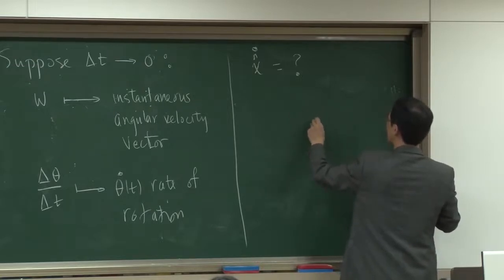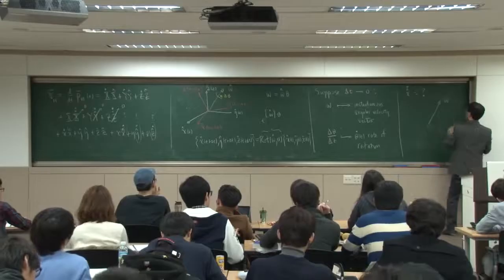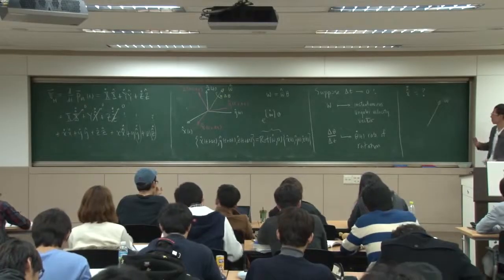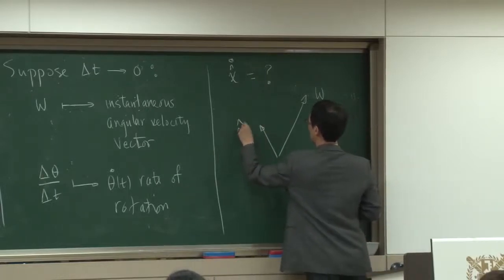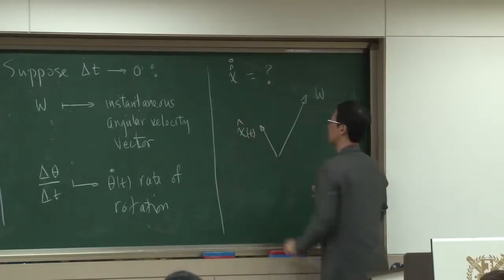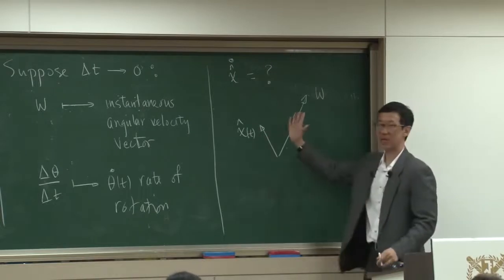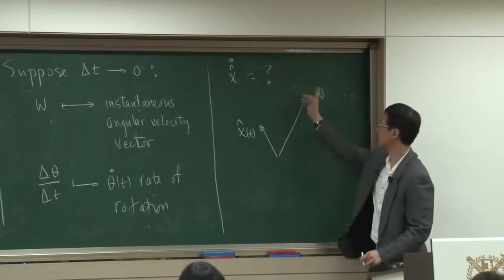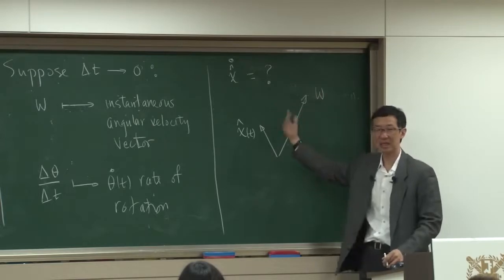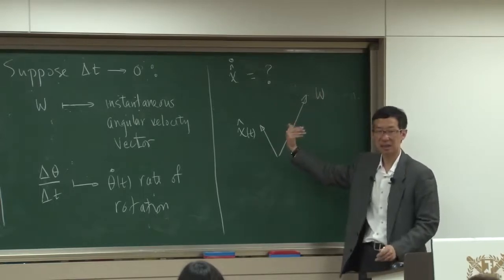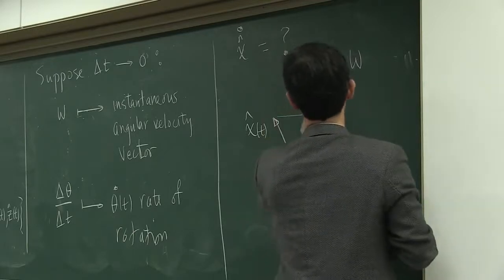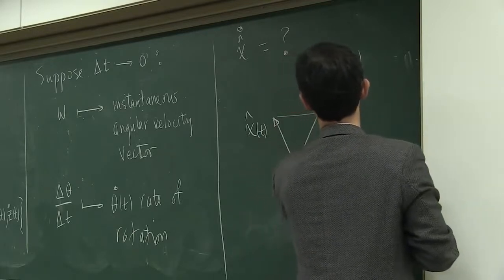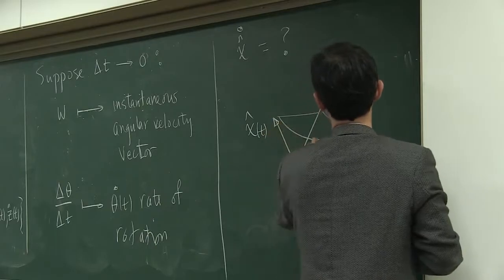Suppose we have my vector omega, and let me draw my vector x hat at t. This frame is rotating about this axis instantaneously, so this vector is rotating about this axis instantaneously. It's going to be tracing a circular path.